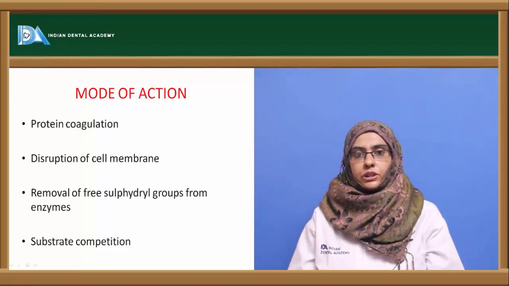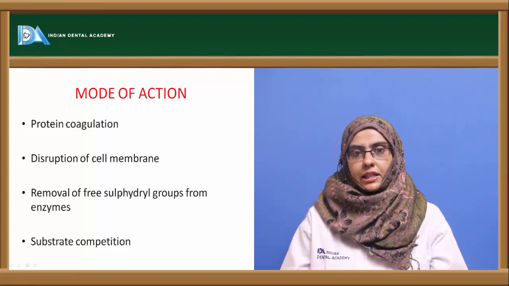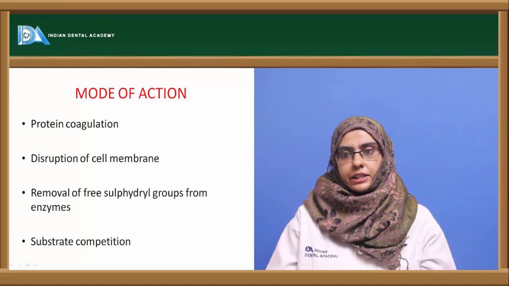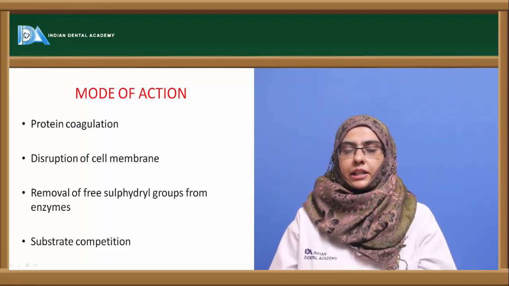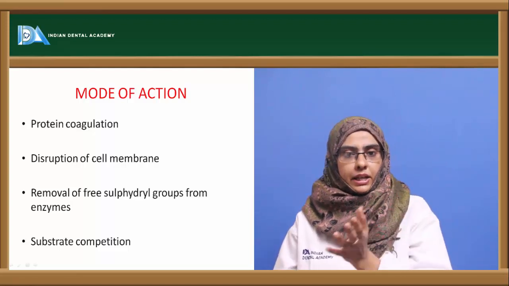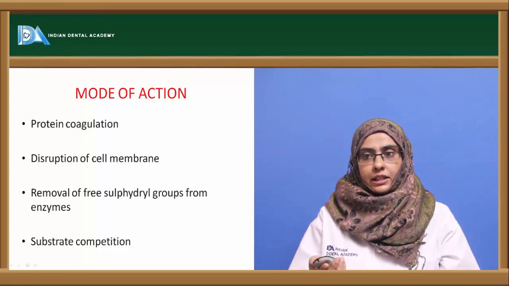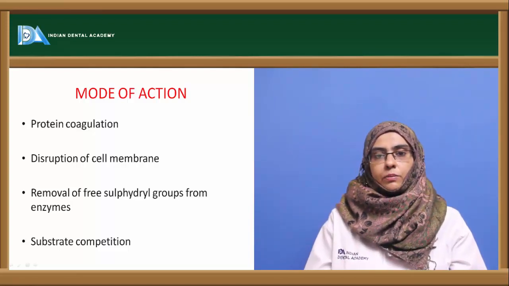Now enzymes are the most important biocatalysts that help to carry out biochemical reactions inside the organism. So wherever there is a free sulfhydryl group, these chemical agents usually remove the sulfhydryl group, making the enzyme inactive in nature, thereby not making it participate in the biochemical reaction. And finally, some of the chemical agents can also act as substrate competitors.